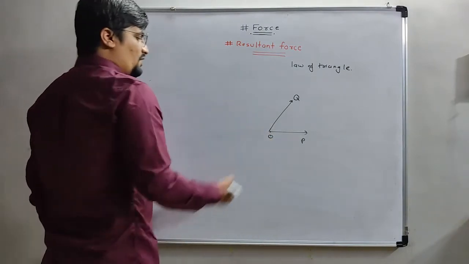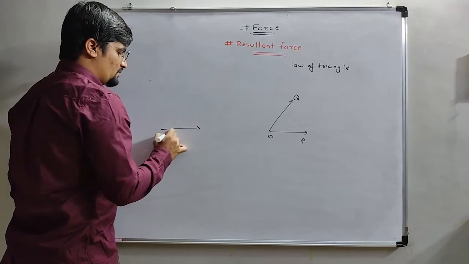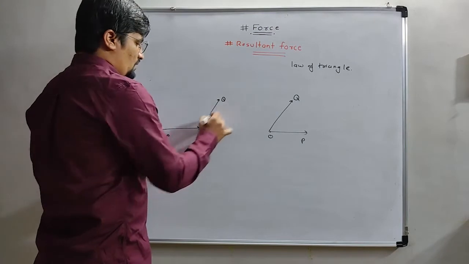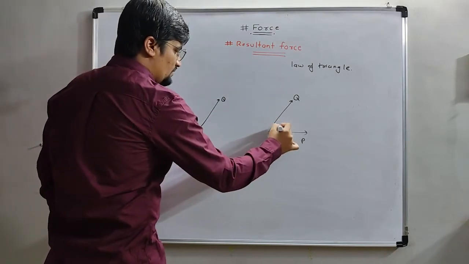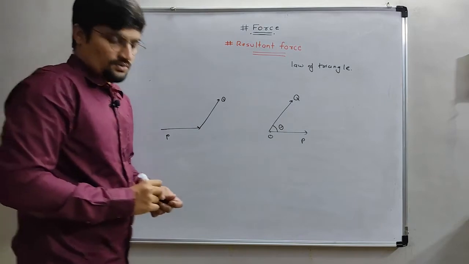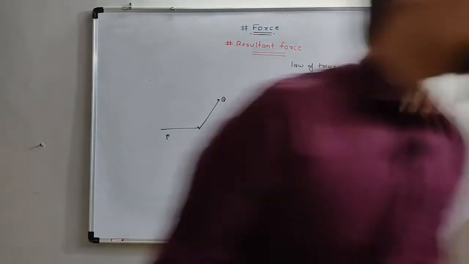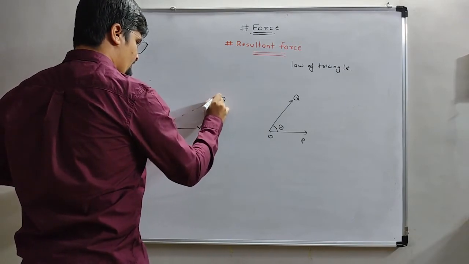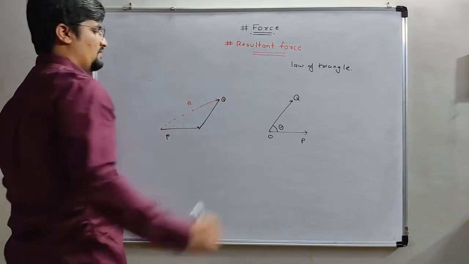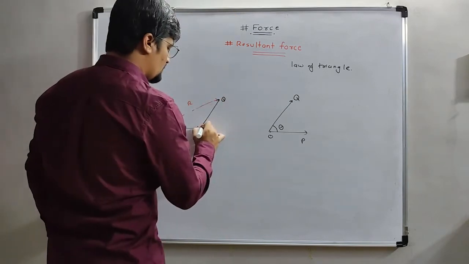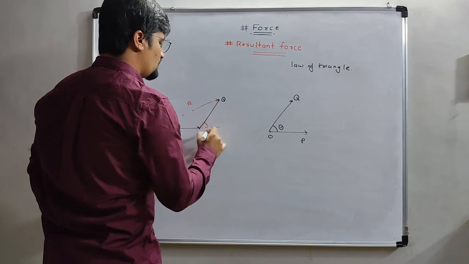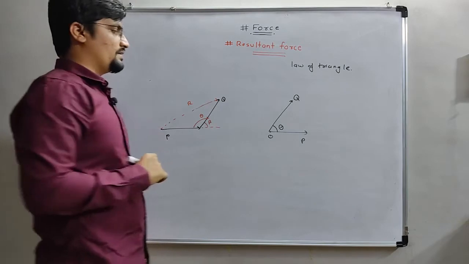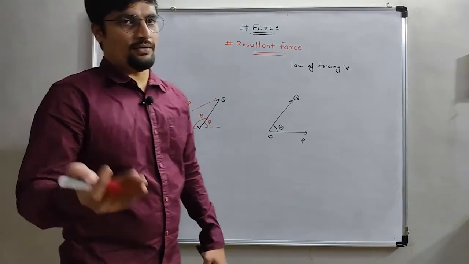So modifying this figure on the basis of P, Q, the angle here is theta. The third force is the resultant force. This is beta and this is theta. The equation is the same as the law of parallelogram.